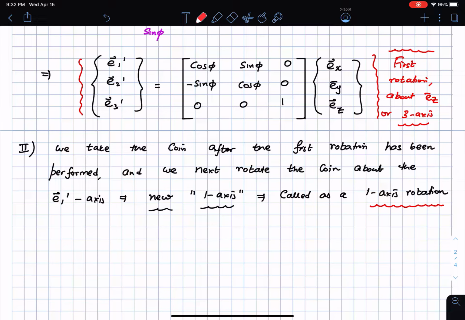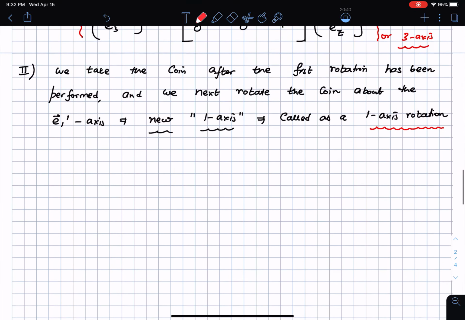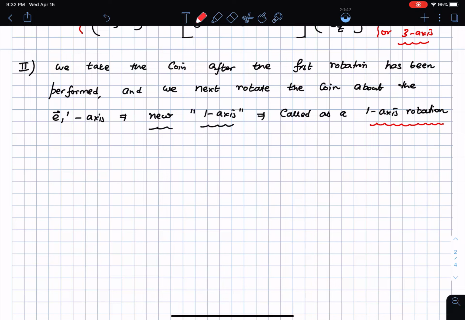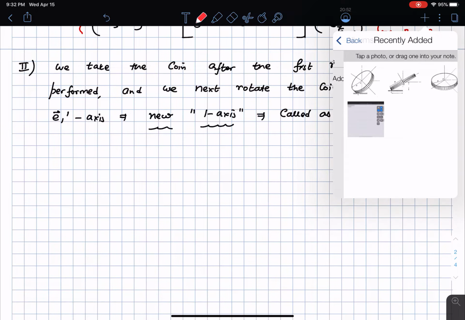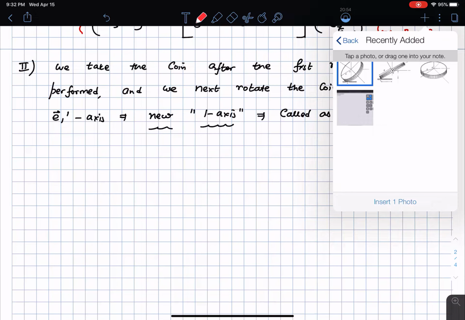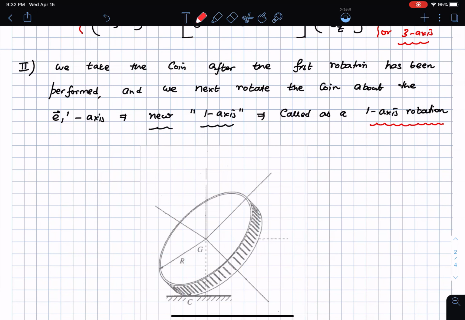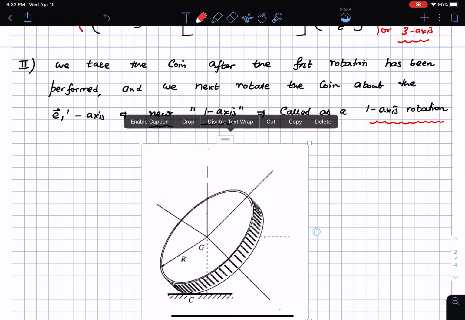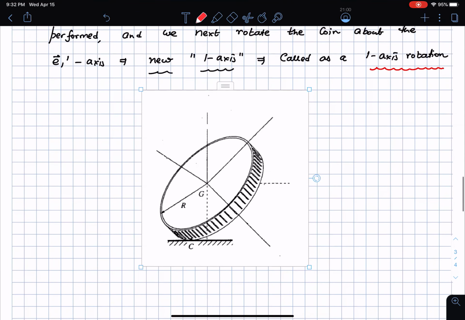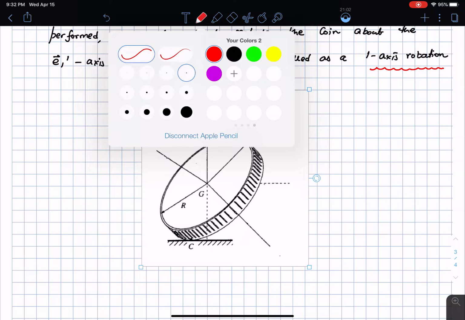So in this situation, I take the coin, I start off with the first rotation, and then I come up with the primed coordinate frame. Then I take the primed coordinate frame, rotate it about the E1 prime direction, I get the next situation. Okay, so here is the next situation. So I look at the coin here. Okay, so here is the coin after the rotation has been performed. Now we got to start labeling these axes.